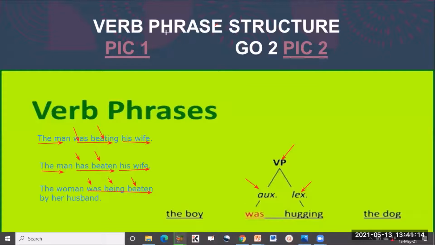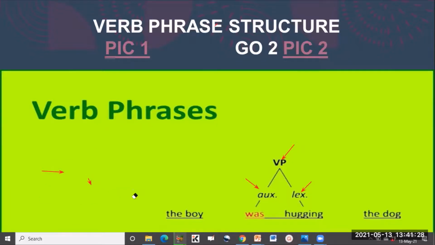All right, let's go further to look at another structure, which is a little bit more complicated than this. We want to look at the structure of the verb phrase in a more detailed form.